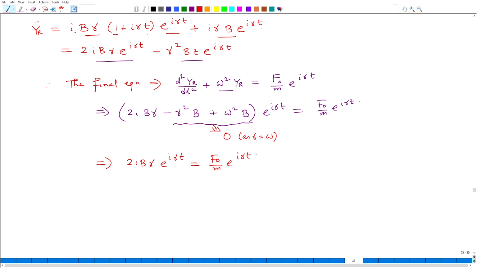I can write everything now in terms of b. So, e to the I gamma t will go away and b will be equal to f0 by 2I m gamma, and since this is the resonant condition, equivalently you can write f0 by 2I m omega. Okay. Now, you see what it changes in the solution.